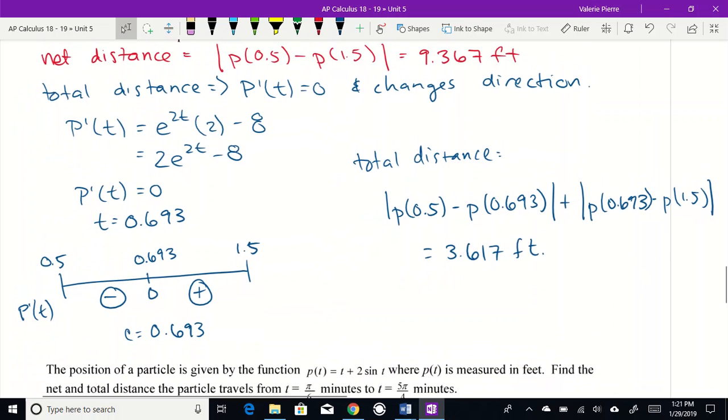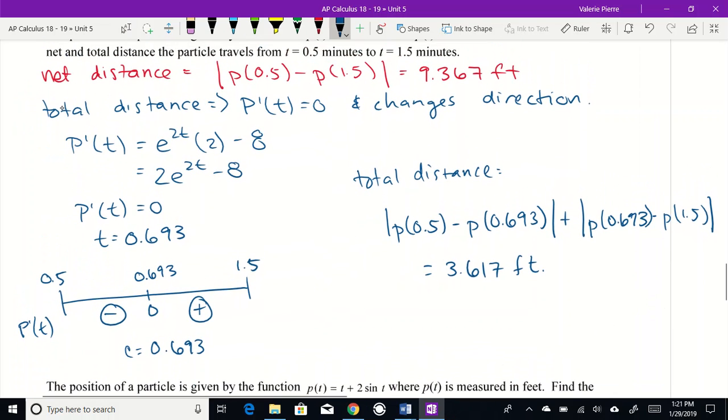Okay, so what the net distance told us was that from the very beginning to the very end, we traveled 9 point, oops, I'm sorry, I wrote the wrong answer. We get 9.894 feet. Ooh, that makes more sense.